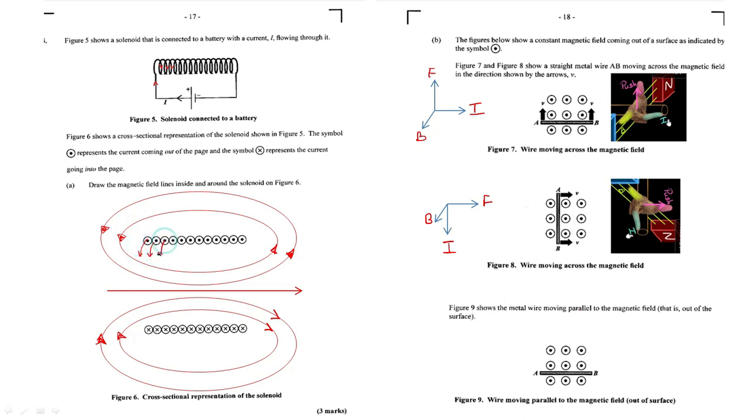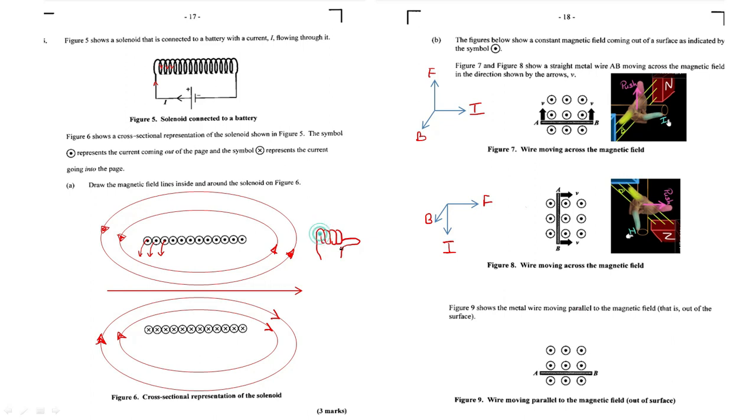With the right hand grip rule, what you want to do is figure out where north is. So I'm watching my hand right now, and I could draw my hand and my thumb, right?